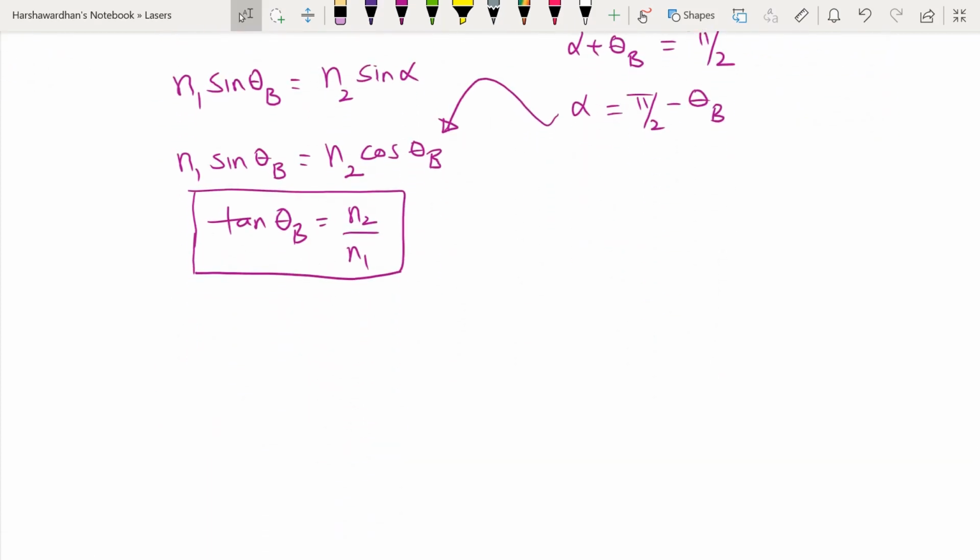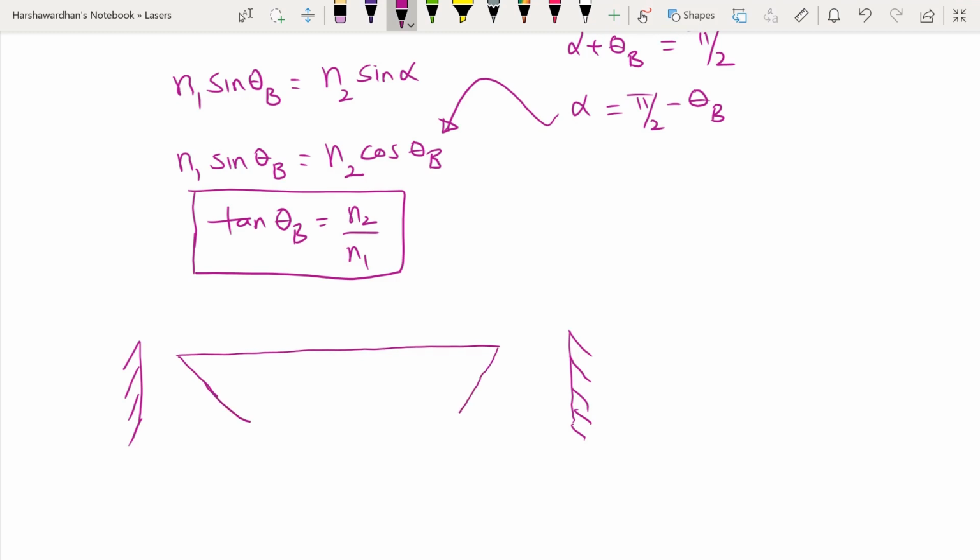So how does one utilize this in a laser? What one does is we have the cavity, we put in the active media, but now the active media is such that it has got a cut in a particular direction, and this is the way my light beam is bouncing back and forth. This is my output, and what one has done is basically this window, which allows the light to go into the active medium.